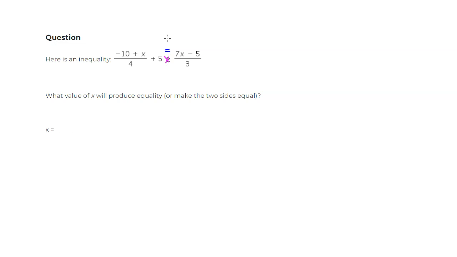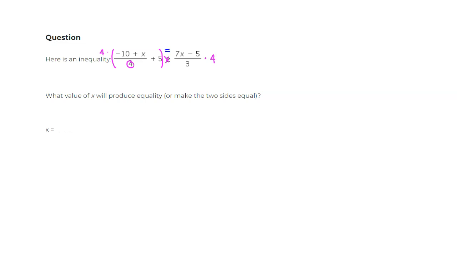Remember that we don't like fractions, so we're going to try to get rid of them. Let's get rid of this 4 on the left-hand side. So we're going to multiply everyone by 4. I'm going to multiply the whole left-hand side by 4, and then the whole right-hand side by 4.